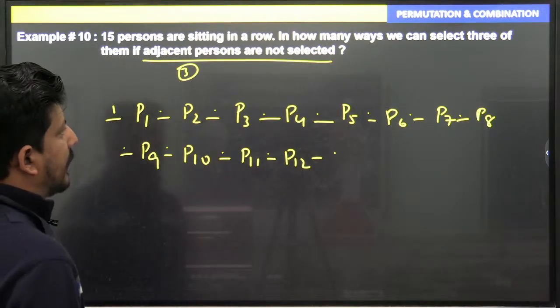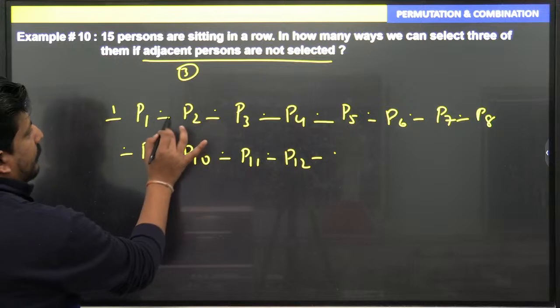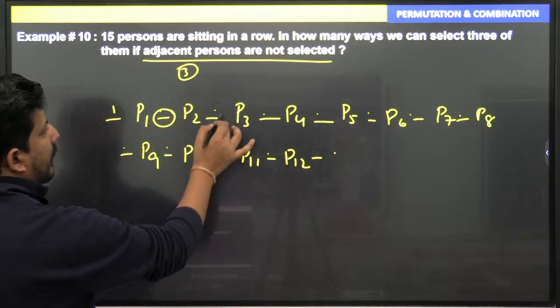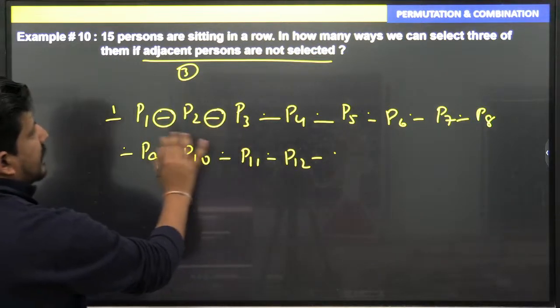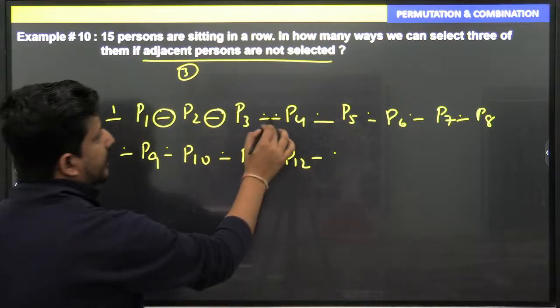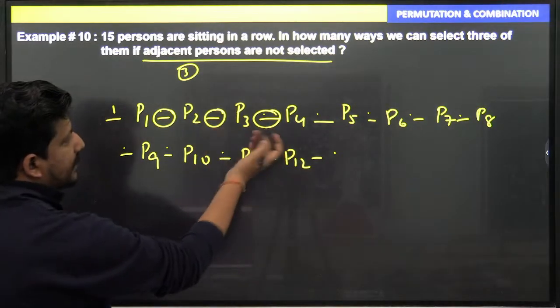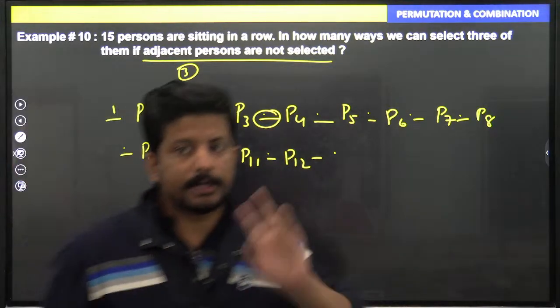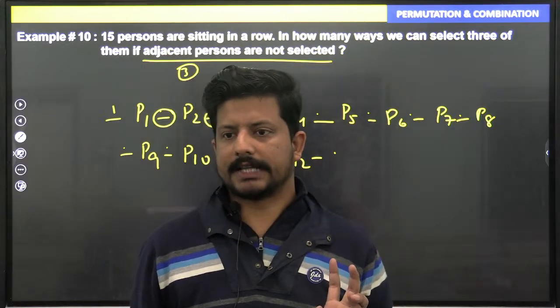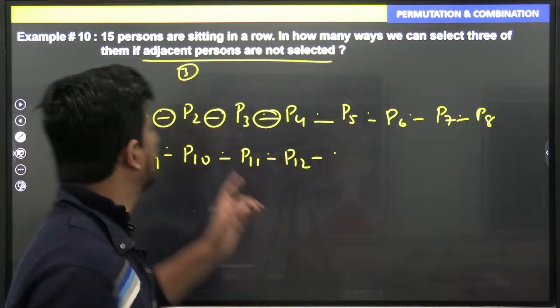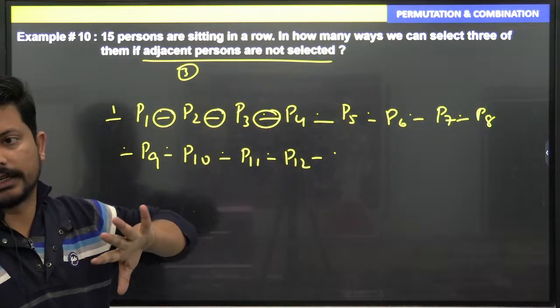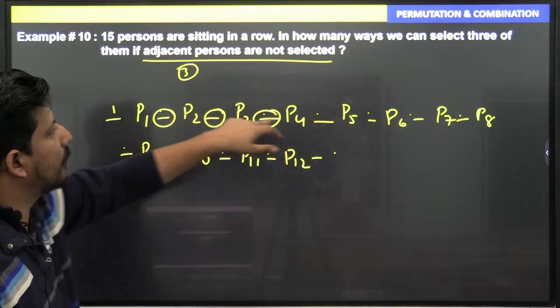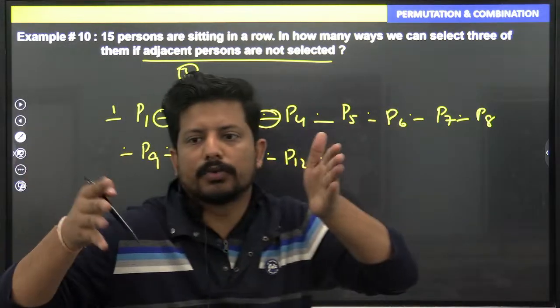Now you can see that if you select any gap, say I am selecting this gap or this gap, then this is not adjacent to the other. I am selecting this gap, and this is also not adjacent; no two of them are adjacent. You can select anywhere because one member is already fitted between every two gaps.